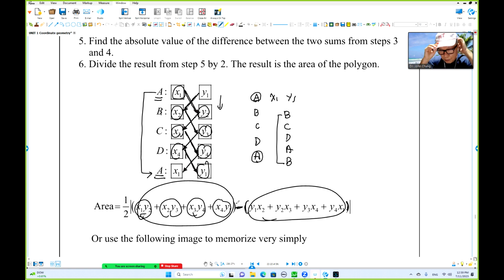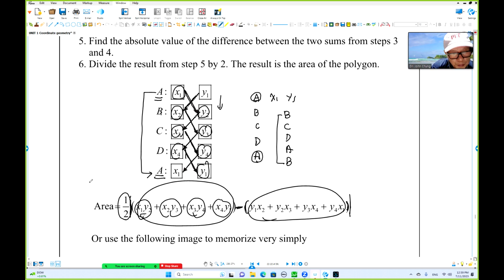Sometimes it is positive or negative. It doesn't matter, okay? But anyway, we need the positive one to find the area. There will be no negative area, so that's why we put the absolute value here to make it positive. After that, divide by 2. That's interesting, okay? You need to divide by 2. Then you'll get the area of this irregular figure.